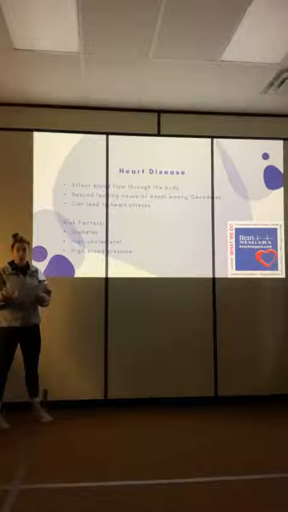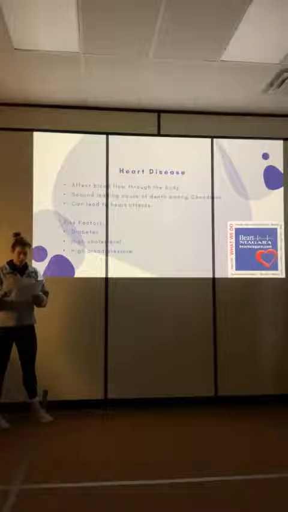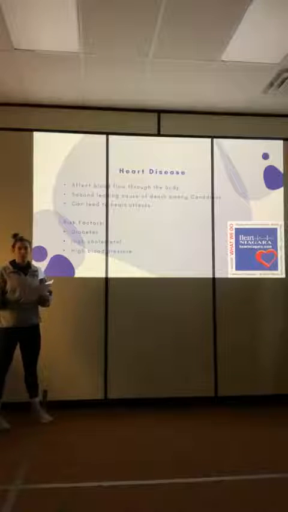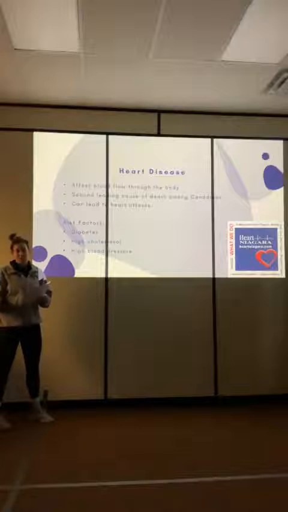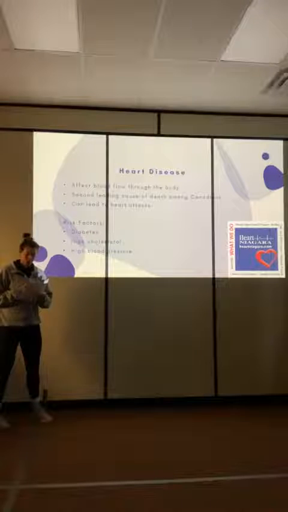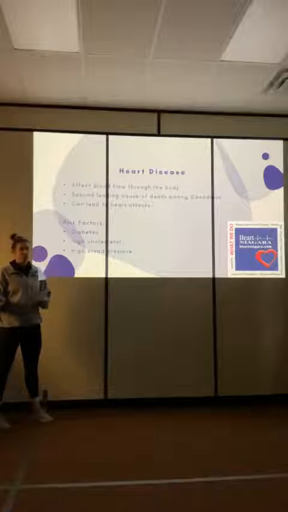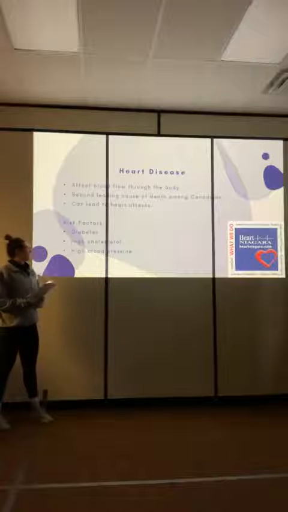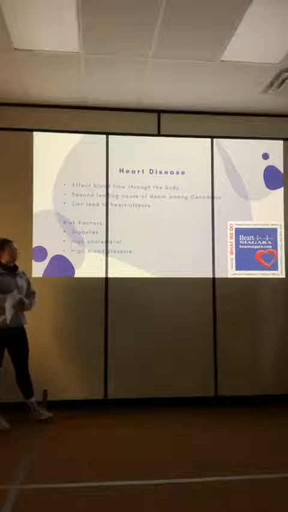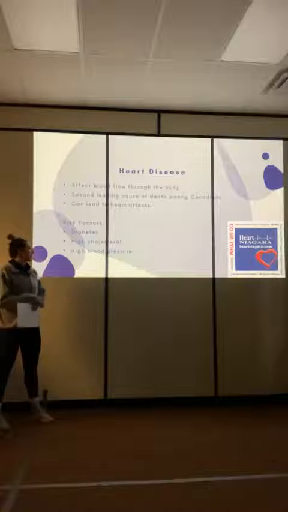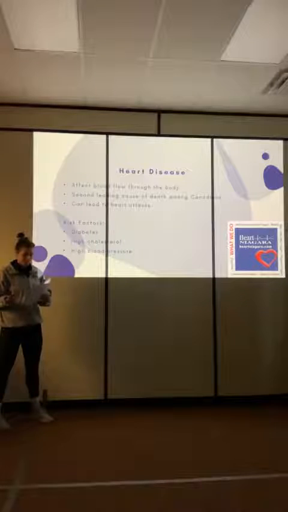It can lead to things like heart attacks, which is when part of your heart does not get enough blood. If you have completely clogged arteries and you're not getting that blood flow to your heart, you get damage to your heart, which isn't a good thing for us to have. Some of the common risk factors of heart disease are diabetes, high cholesterol, and high blood pressure.